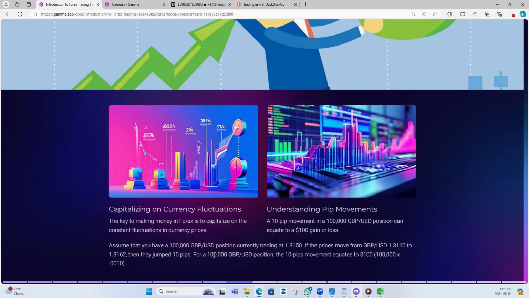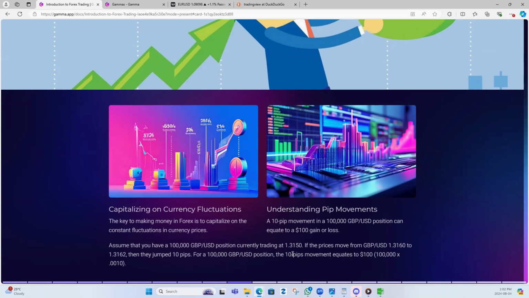So with a $100,000 lot, which is equal to a standard lot, a 10 pip movement is equal to $100 profit, because each pip in a standard lot is $10. So you multiply $10 by 10 pips movement to the upside, and you'll make $100.